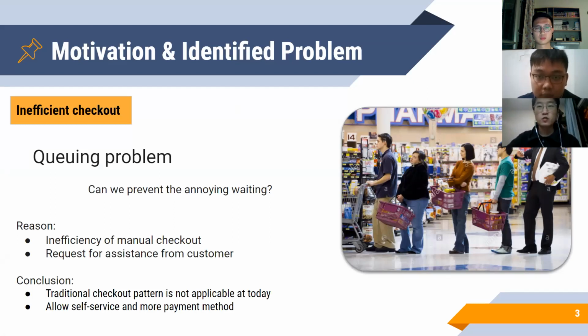The reason is that it takes time for the staff to wait for customer payment, and customers may also have requests that the staff have to deal with. So our conclusion is that the traditional checkout pattern is not applicable today with larger customer flow and requirements.